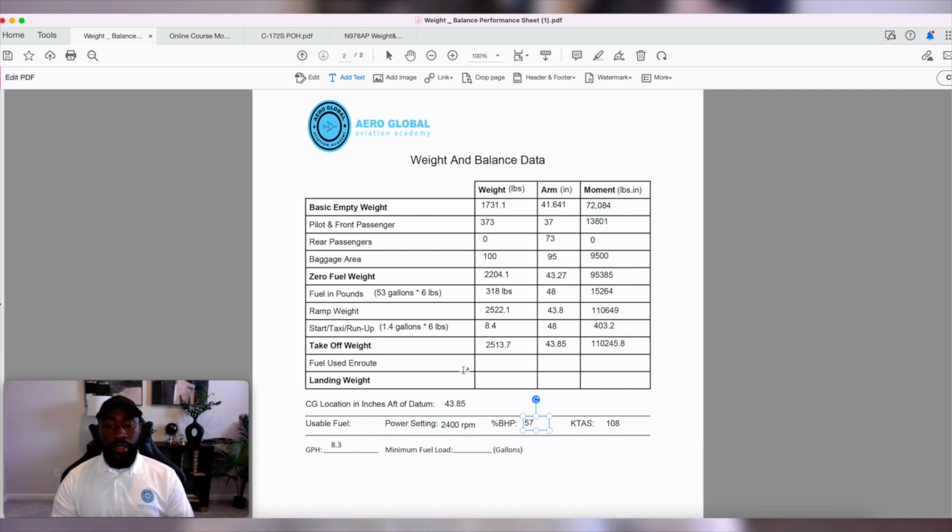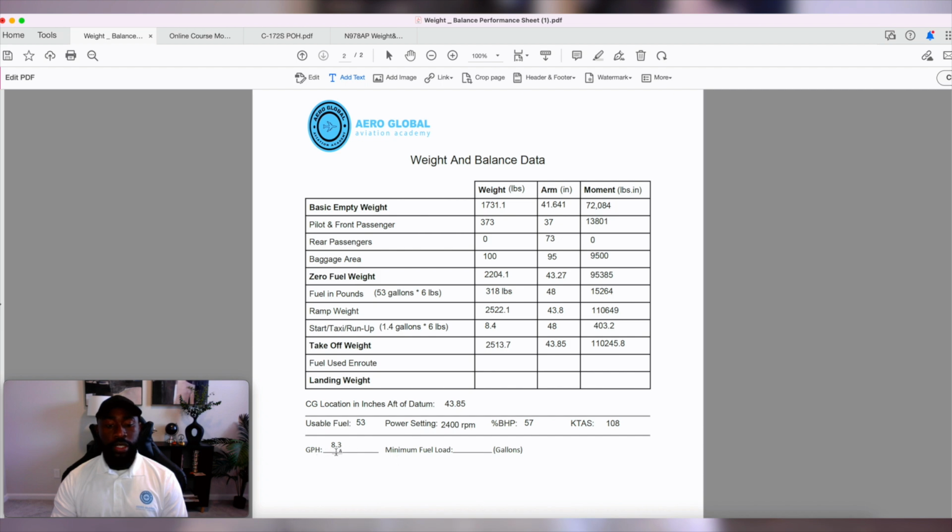And now that I have these numbers, it's easy for me to calculate how much fuel I'm going to be using en route, right? So I'll just put my 53 gallons here just to make sure we have that filled out as well. So coming back here, to calculate the fuel used en route, we need to determine how much fuel we're burning per hour.